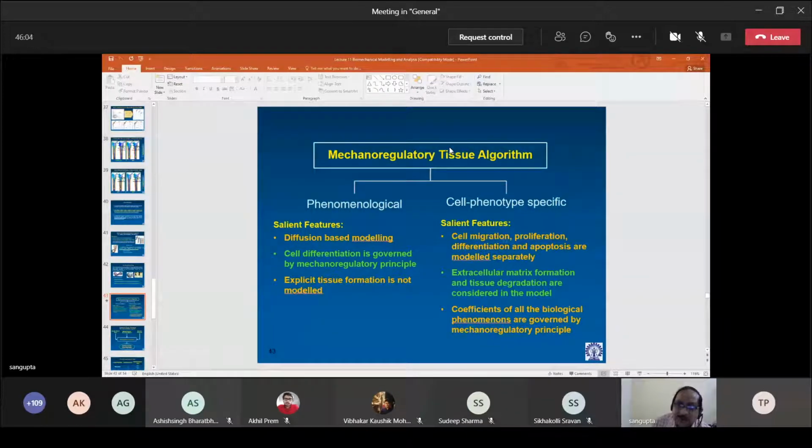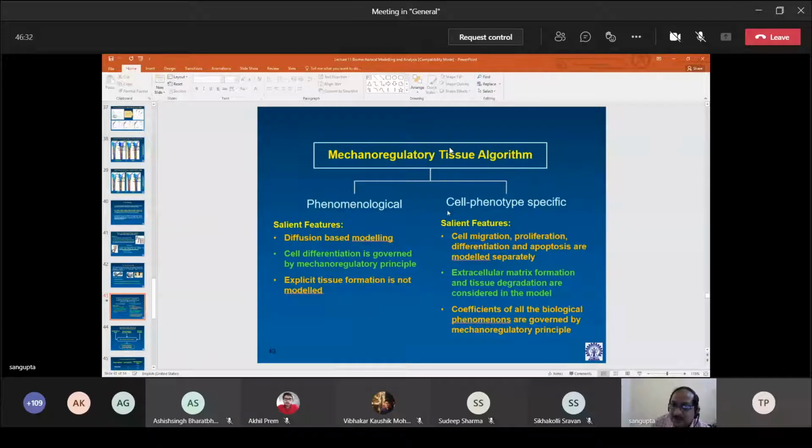So cell migration, proliferation, differentiation, and cell death are modeled separately, and which is not taken care of in the phenomenological model. And here, as you can see, the cell differentiation is governed by a mechanoregulatory principle, where here we have extracellular matrix formation and tissue degradation are considered in the model.